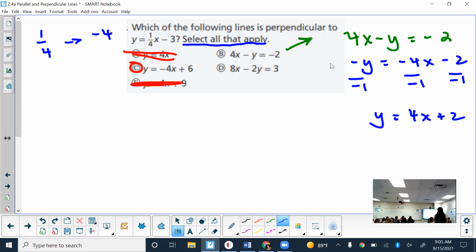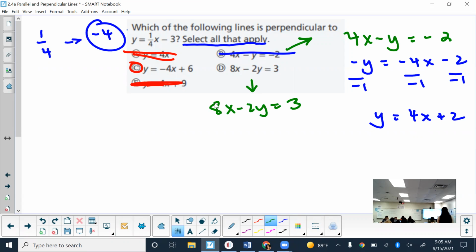So would this one work? No. Let me pause it. All right, so we can eliminate B because it doesn't have the right slope when we rearrange it. Now let's rearrange D. So, subtract 8x from each side.